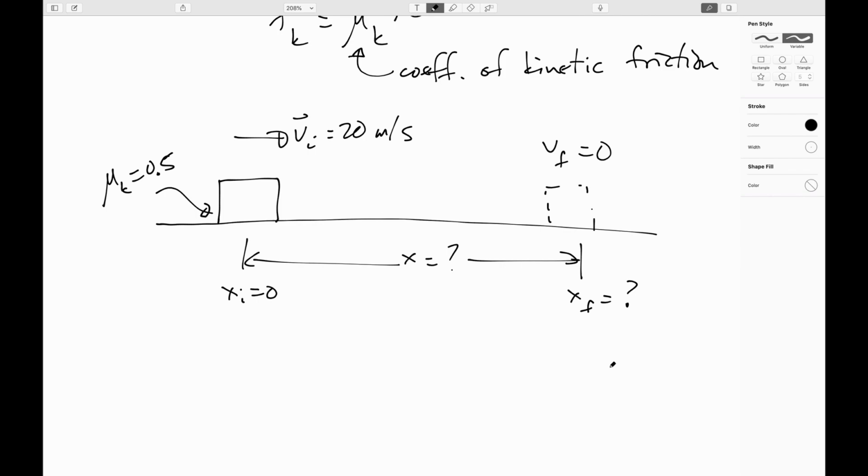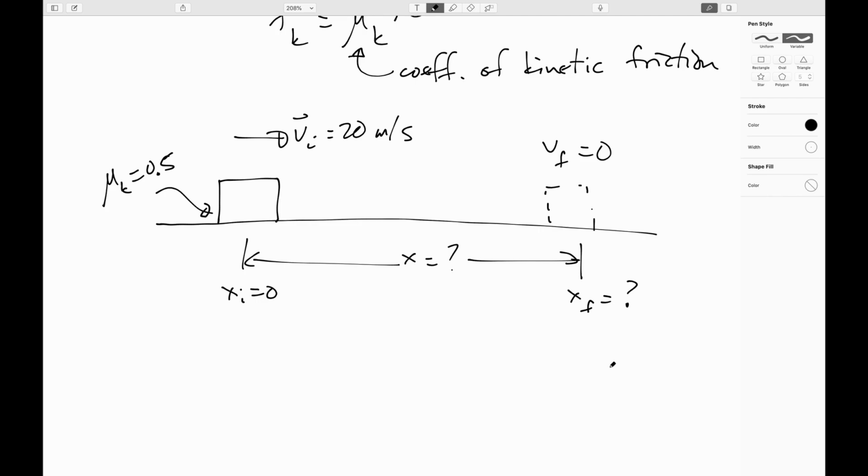And your instinct would be to solve it with kinematics, but then you go and look at it and you realize you're being asked to find x, so okay, that's not missing. You are given v final, that's not missing. What you're not given is the time and the acceleration, so doggone it, you're missing too many things. So this means you have to go back a step and either get yourself the time it took to slide or the acceleration.